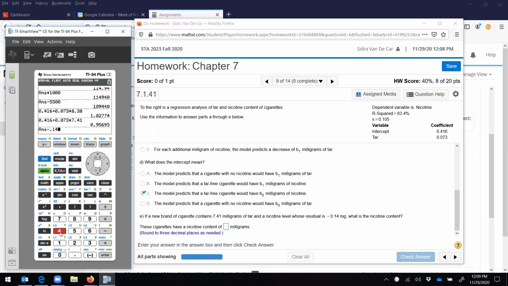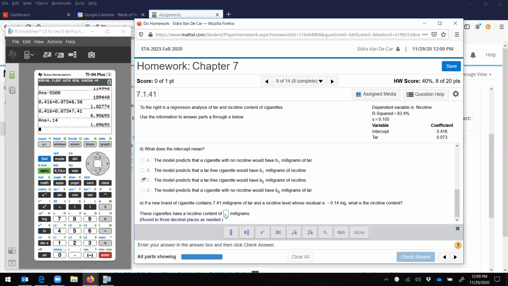Wait, that's the predicted. Hold on. Let me think. Should I add it? Because it's observed minus predicted, so that means the predicted is. Okay, so 1.097.